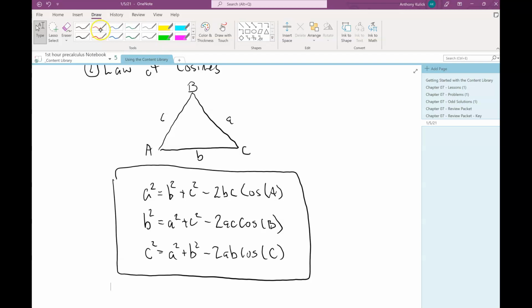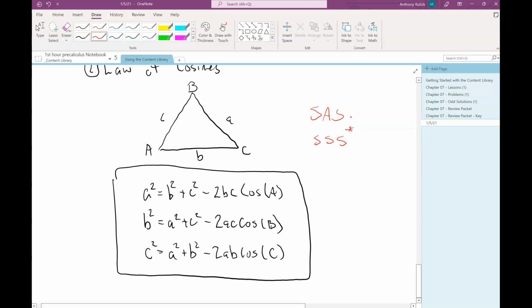So for the law of cosines, we do that for side angle side situations and side side side situations. I'm going to put a little asterisk there on the side side side situation because there's something we need to check there first before we dive right into that.